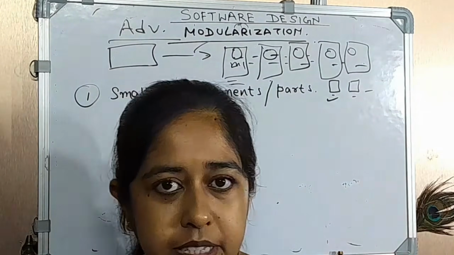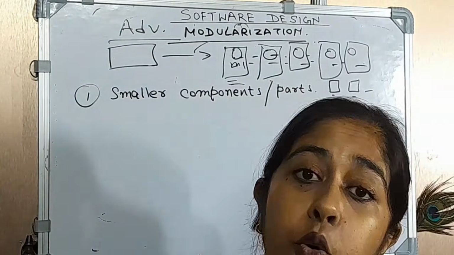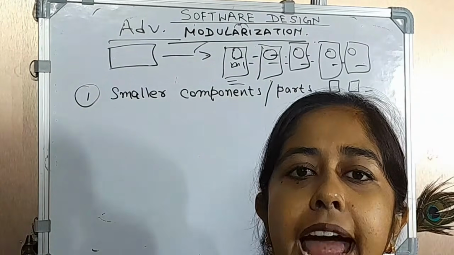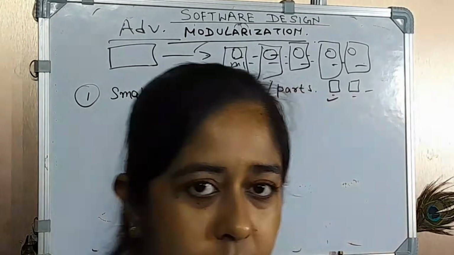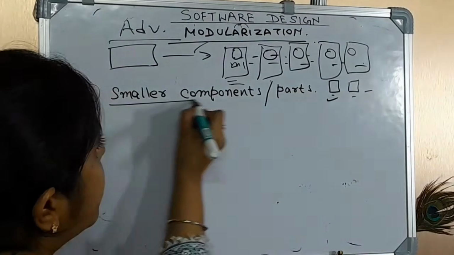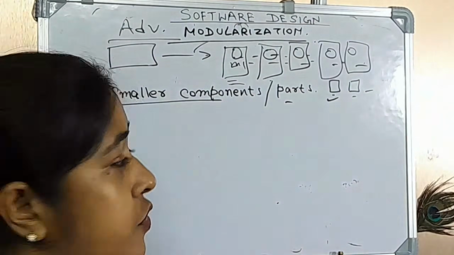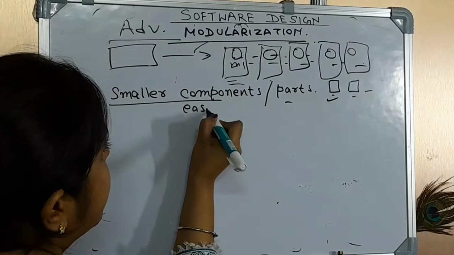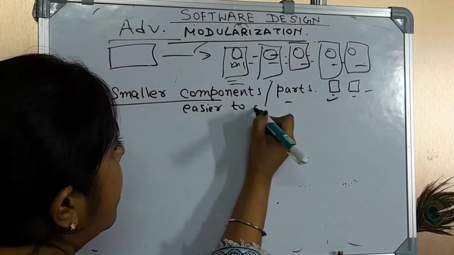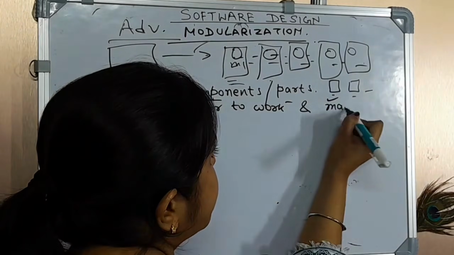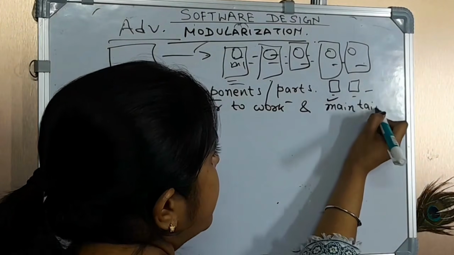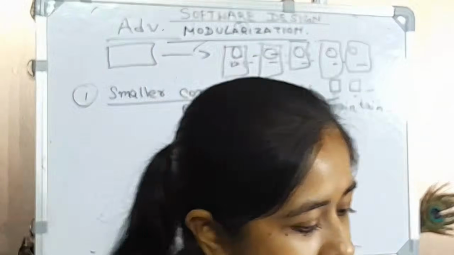If some error comes, if some failure is there, the whole system is never affected at once when you are working with modularization. So smaller components and smaller parts are easier to work with as well as to maintain. This is what is happening in modularization.